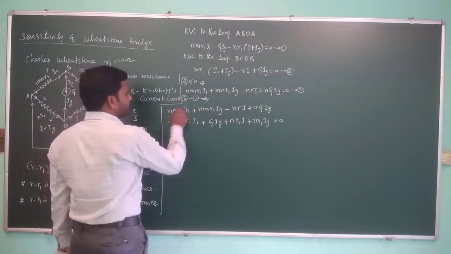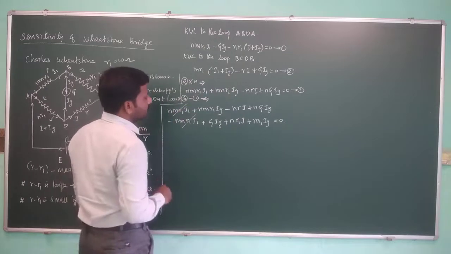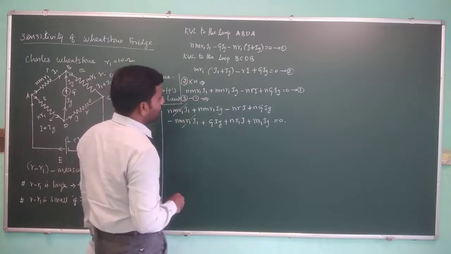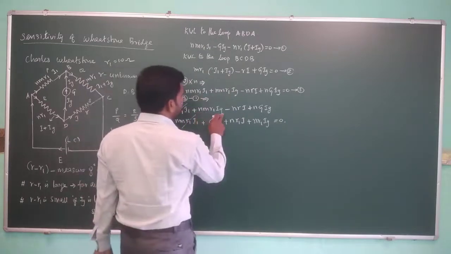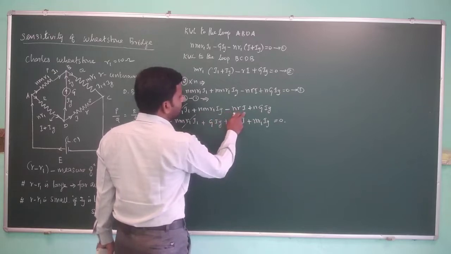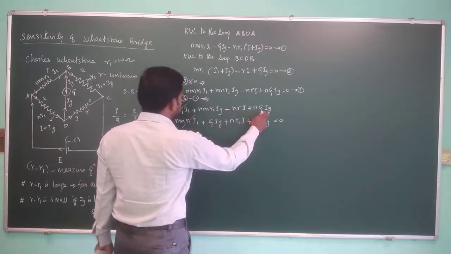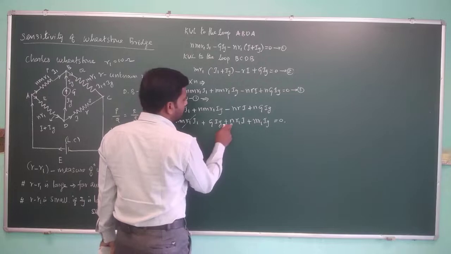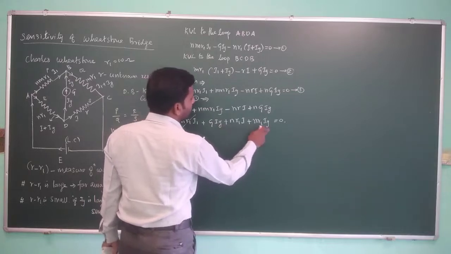Now, this and this will cancel out. What is remaining? NMR1 Ig minus NRI plus NG Ig plus G Ig plus NR1 I plus NR1 Ig equal to 0.